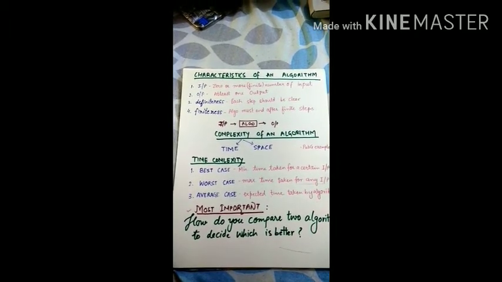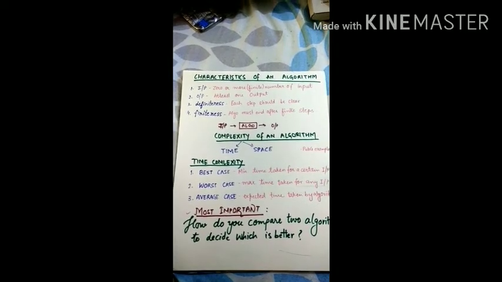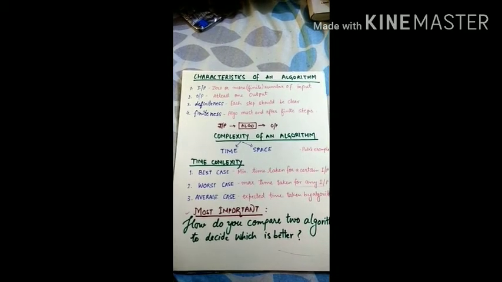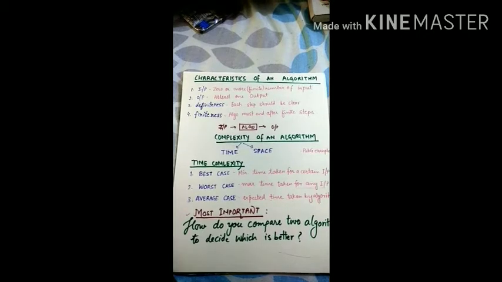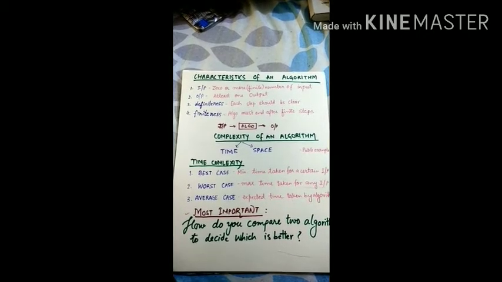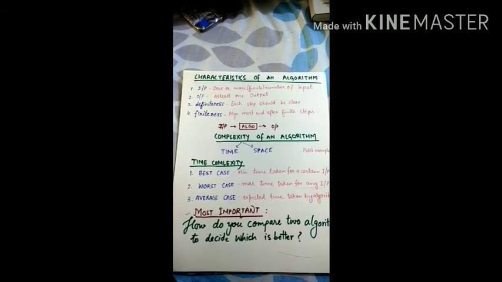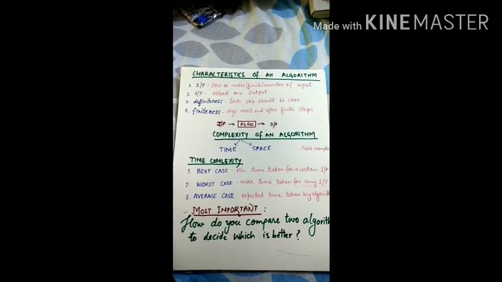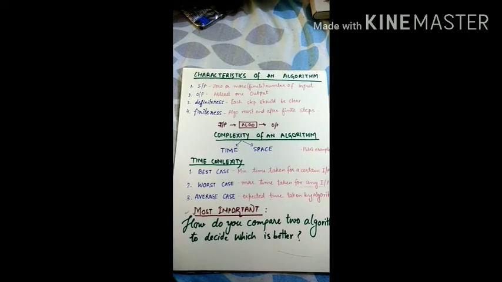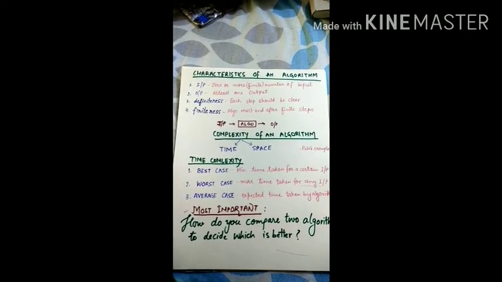It is like 1.25 crore or 100 crores or any number which is a fixed number, which is not infinite. Second thing is an algorithm should produce at least one output. If an algorithm cannot produce any output, then why are we writing that algorithm?